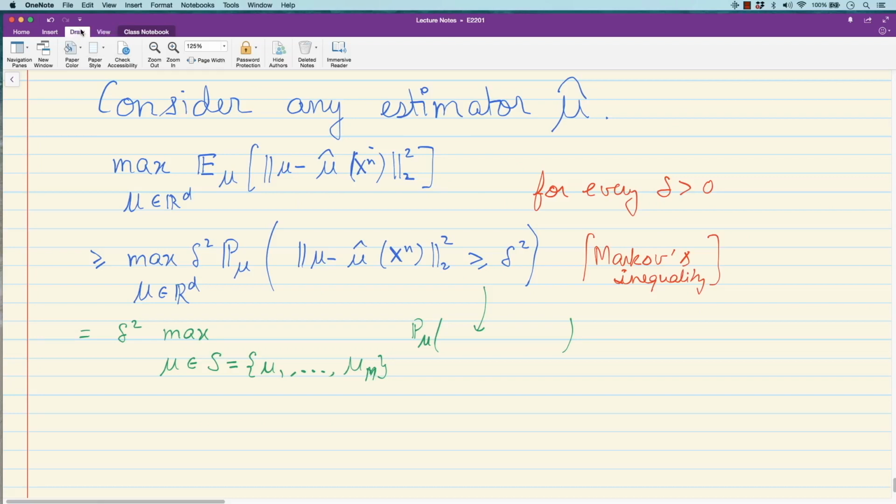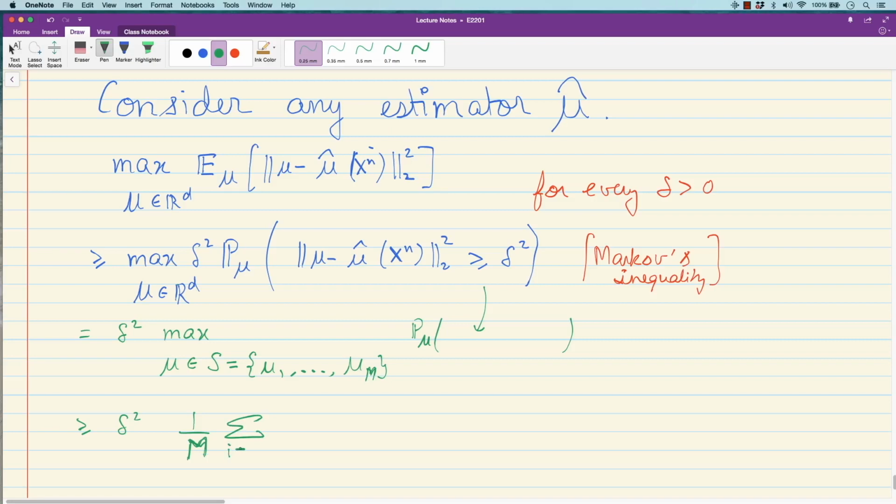But in fact, a max is greater than average, and therefore I can do that average. i equal to 1 to m, probability under mu i. This is max over these choices, so that's more than average. Probability that mu i minus the estimator's output exceeds delta square.